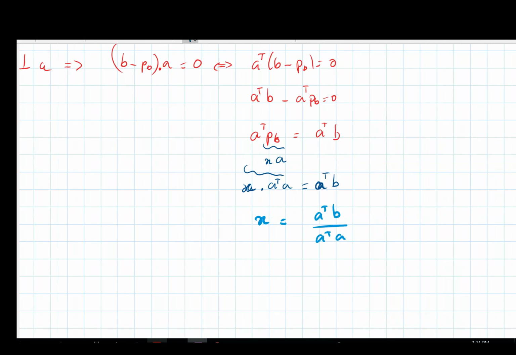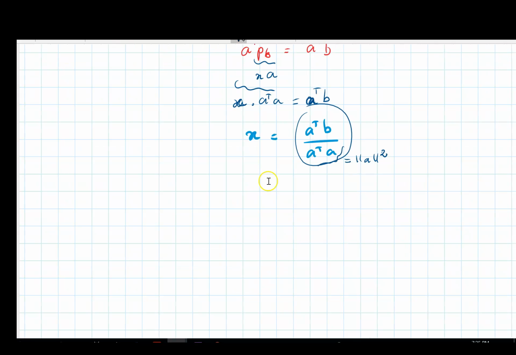Don't forget that A transpose times A is just the norm squared of A. So let us see what we have now for the vector PB.